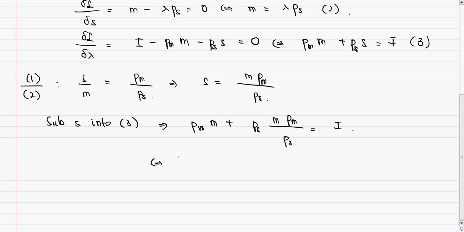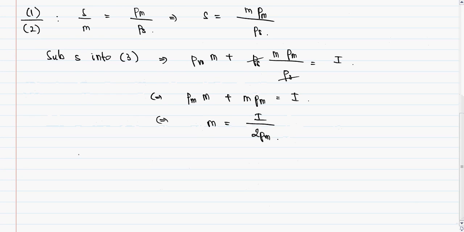So solving this equation, I'll get pm m plus, so ps here cancels with the ps here, I'll get another m pm which is equal to I, and therefore m is just equal to I divided by 2 pm. Okay, so that is the demand function for m. As you can see from here, the quantity demanded for m only depends on the total income I and the price of m. It doesn't depend on the price of s.